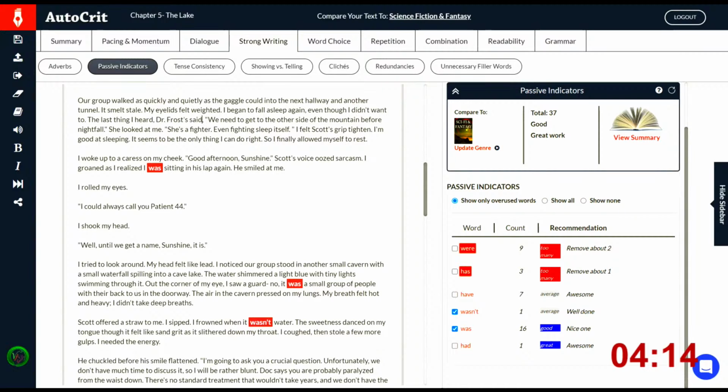I groaned as I realized I was sitting in his lap again. He smiled at me. I groaned as I realized, on his lap again.